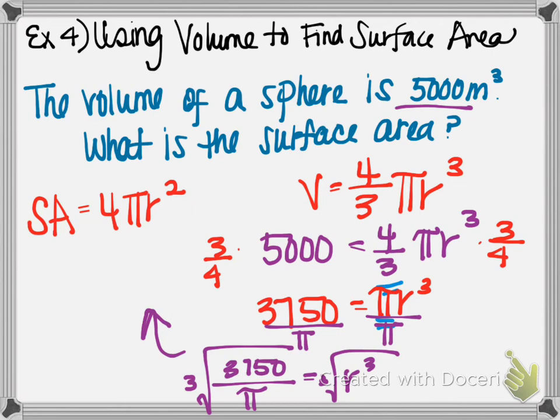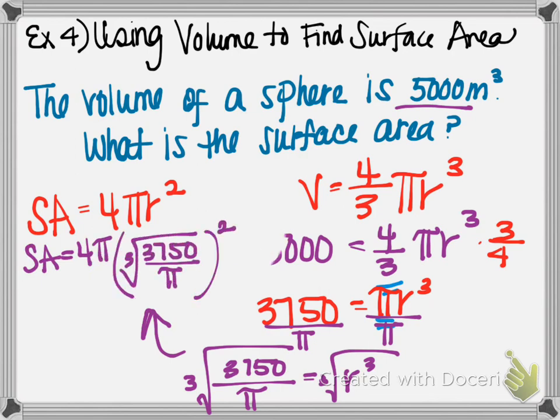And how do you get rid of an r cubed? I want r by itself. If it was r squared, then we would take the square root. But in this case, it's r cubed, so we have to take the cube root. So right now I have that r is the cube root, you need that little 3 out in front, of 3,750 over pi. And I take that and I plug it in to my surface area formula.